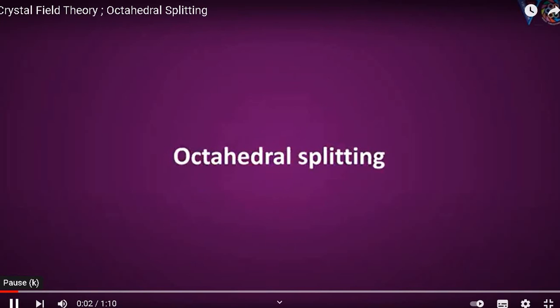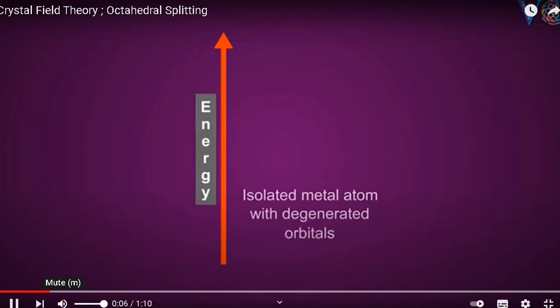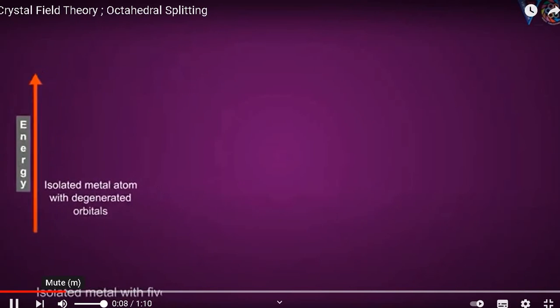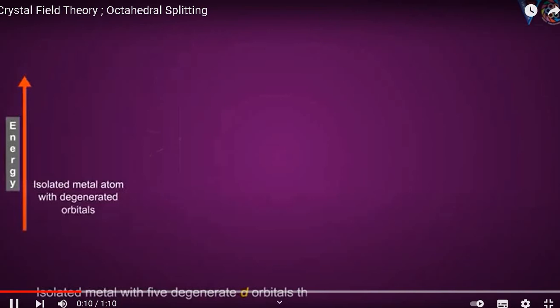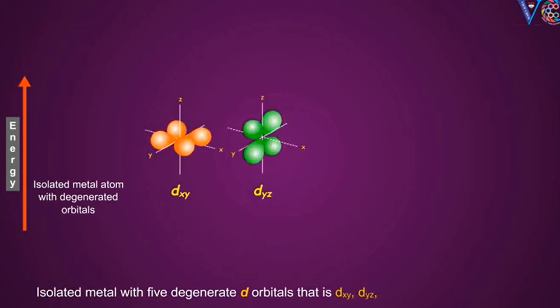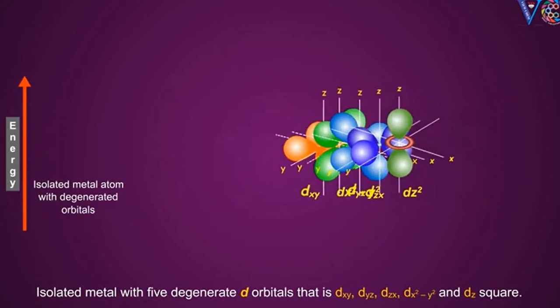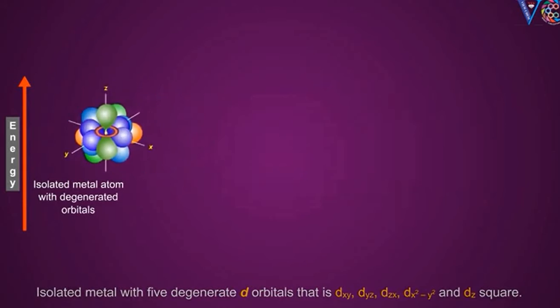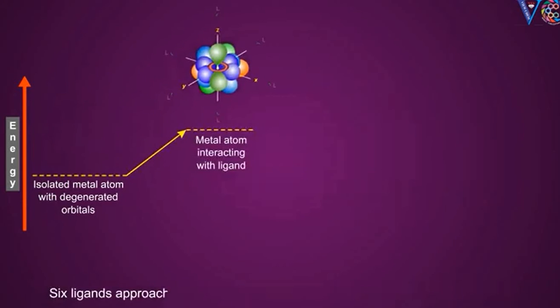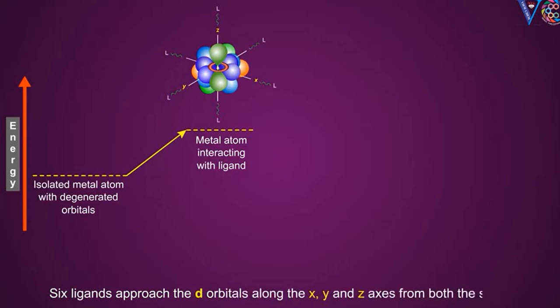Octahedral splitting. An isolated metal with 5 degenerate d orbitals, that is dxy, dyz, dzx, dx square minus y square, and dz square. 6 ligands approach the d orbitals along the x, y, and z axes from both sides.